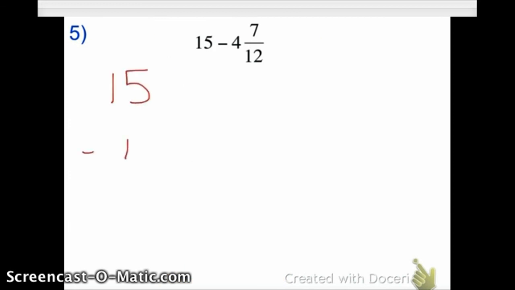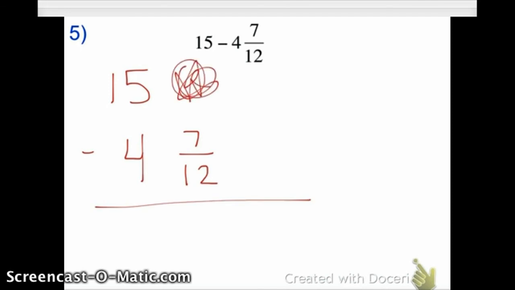Okay, try this one. This one's a little different because you have a whole number and there's no fractions up here. So you want to make sure you get some fractions right there, because you can think of this as nothing is there. That's like 0, and you don't want to do 0 minus 7/12 because you'd get a negative number. So we need to borrow. We're going to borrow from the 15.